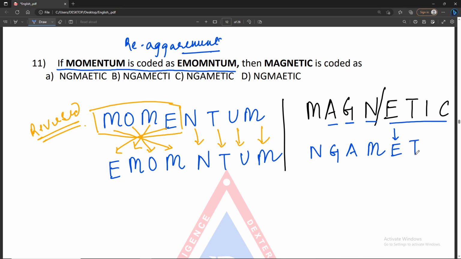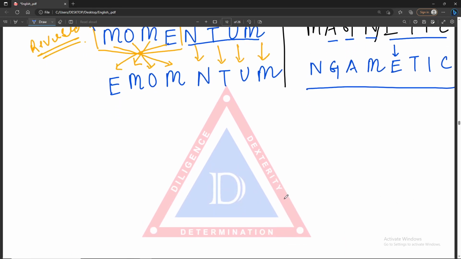That is E, T, I, and C. So the answer should be N, G, A, M, E, T, I, C. That means option number C is correct. Hope you got it. So what is the question? It states that the first four letters are reversed and the last four letters are written as it is. Okay. Next.